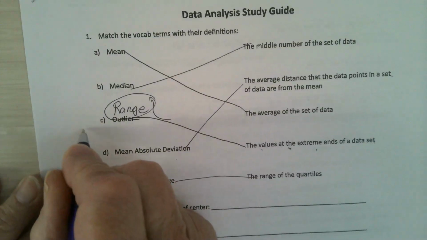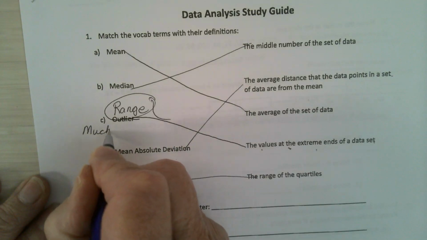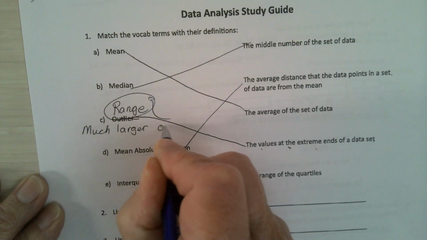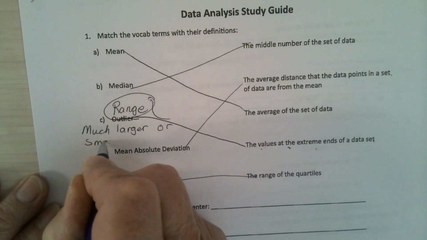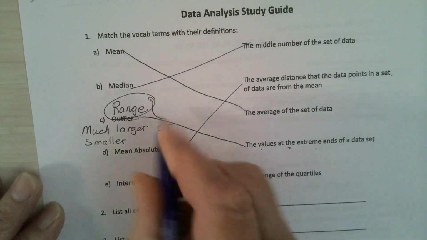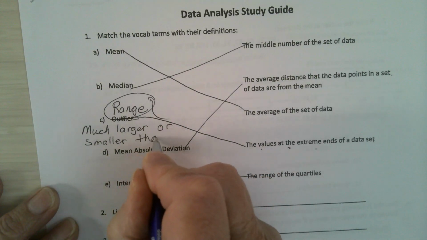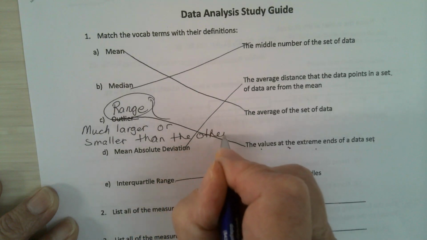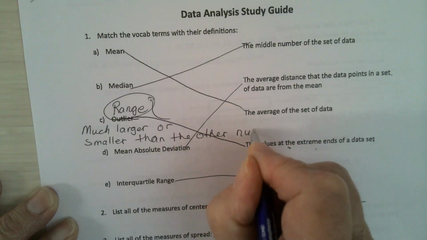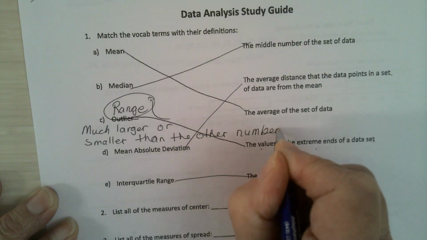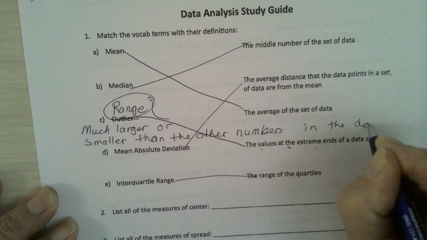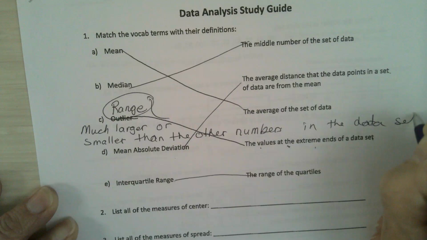Outliers are much larger or smaller than other numbers in the data set. Something like that, okay?